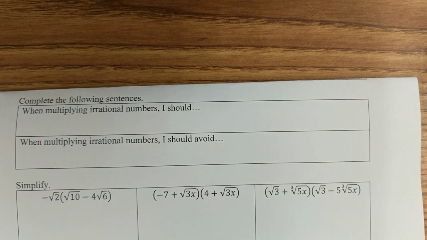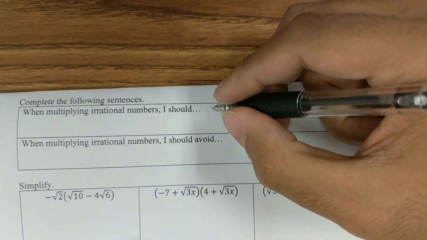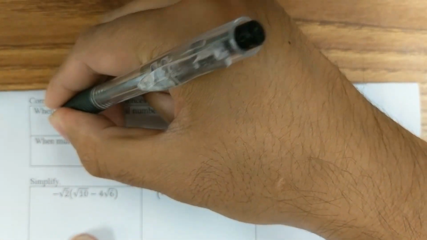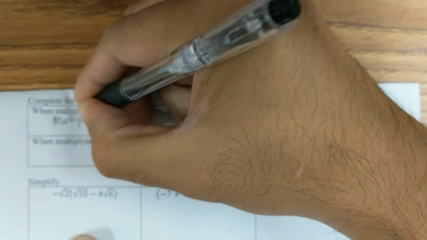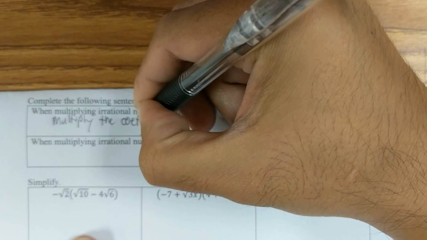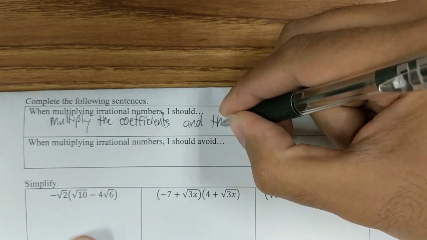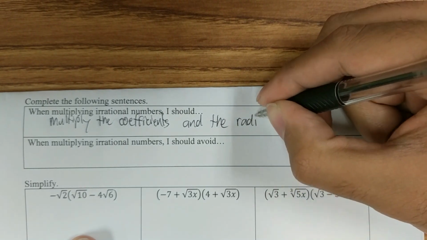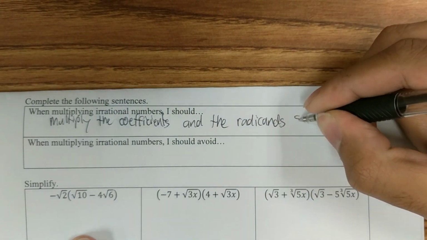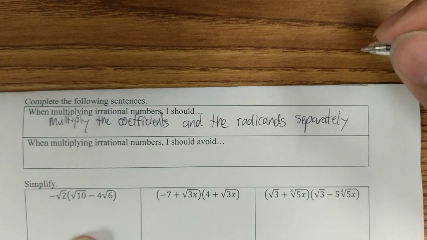Hopefully you notice the answers for multiplying irrational numbers. We saw that we can multiply the coefficients and the radicands separately, but only when the index matches.